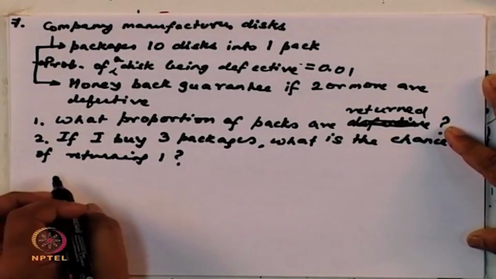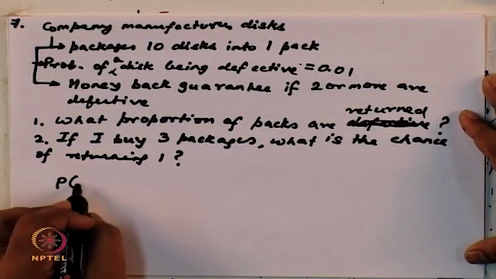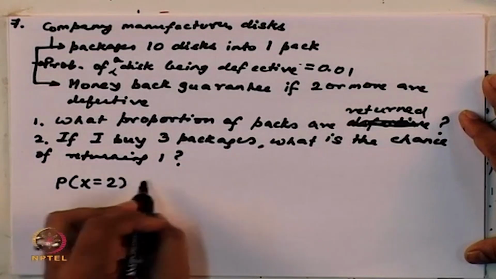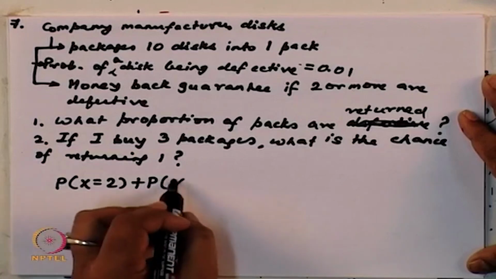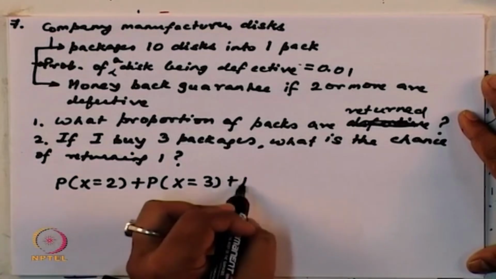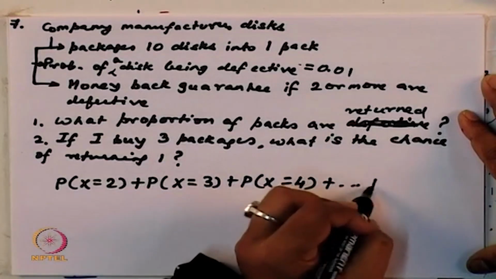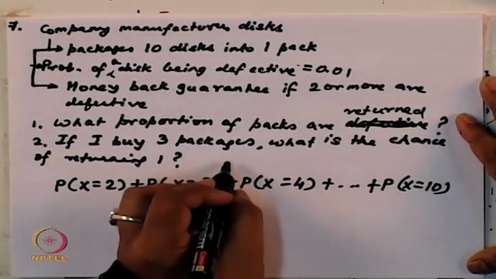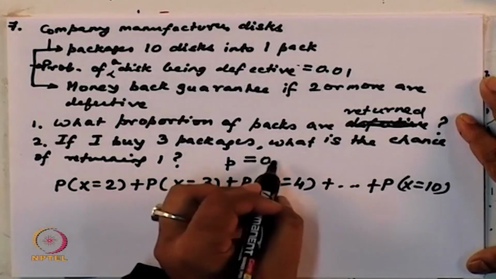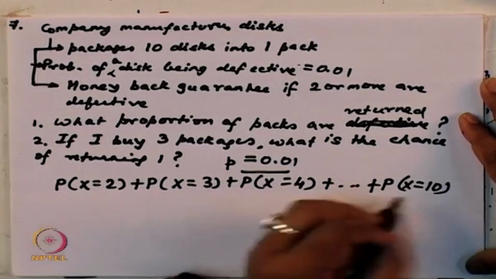So in order to calculate the proportion of packages returned, I want to calculate the probability of x equal to 2 plus the probability of x equal to 3 plus the probability of x equal to 4, and so on, up to the probability of x equal to 10, where x is the random variable, the number of defective discs. The probability p in our case is 0.01. This is for a single disc. So this is what you have to calculate.